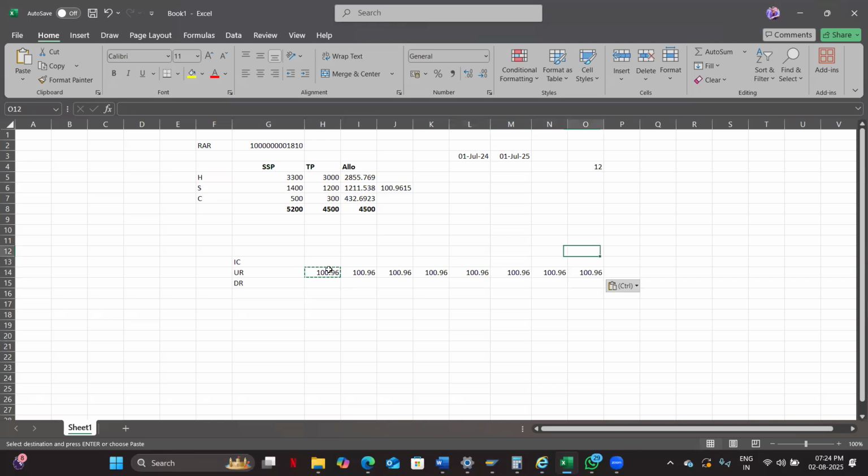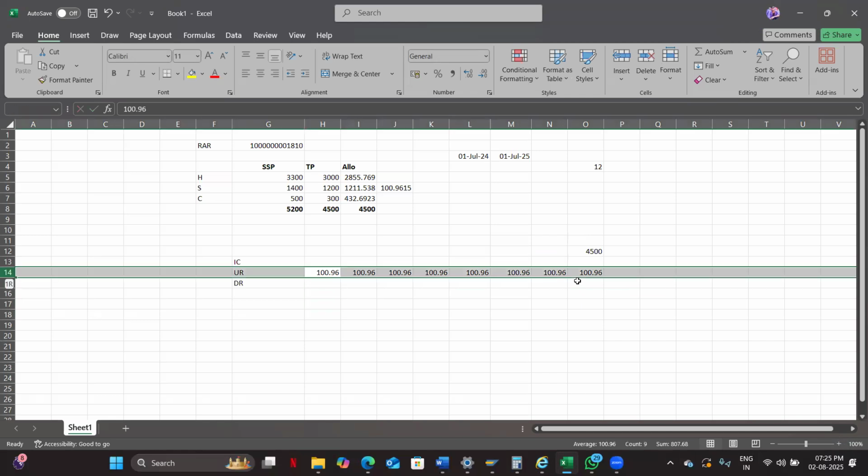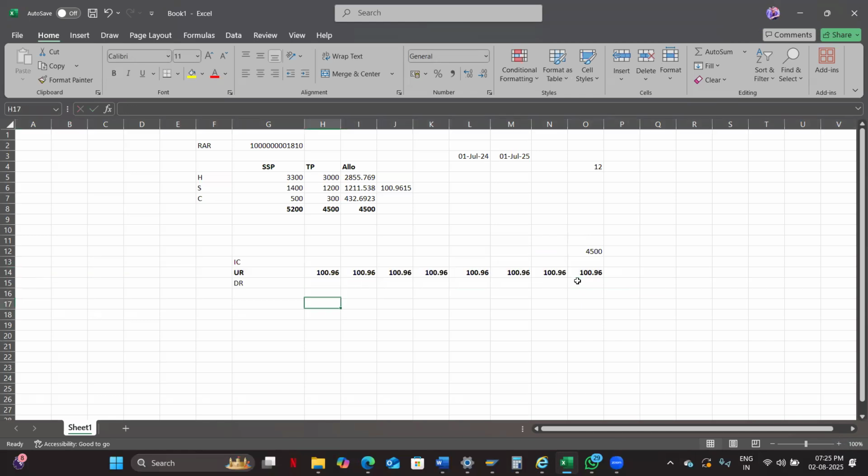So when the customer pays this much amount, the full amount, what entry happens?